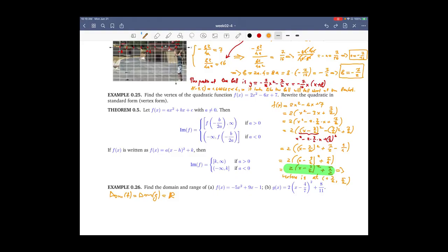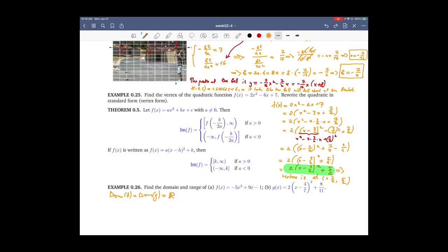Now, what about the ranges? We see in example A, the parabola has the coefficient in front of x squared negative, so it's a parabola opening downward. So the image will be from negative infinity up to the y value at the vertex.